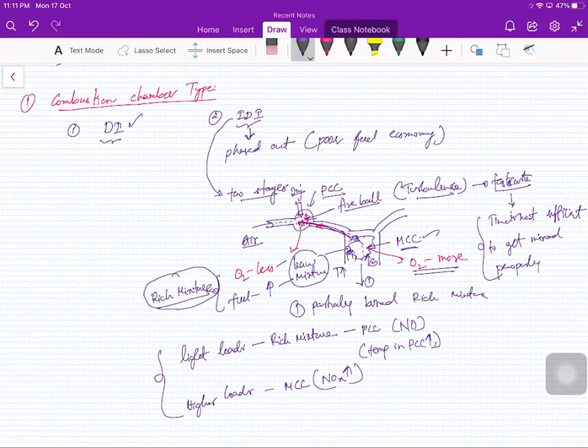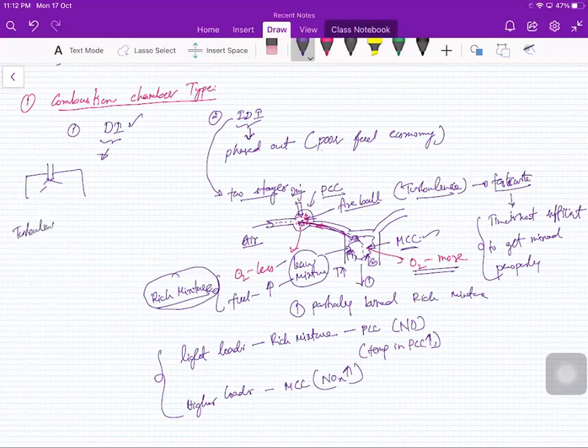Now we'll see the case in direct injection. So in direct injection, we don't have this kind of setup. Straight away, the injector is placed inside your combustion chamber. Okay. Now with this setup, we are completely eliminating the turbulence.